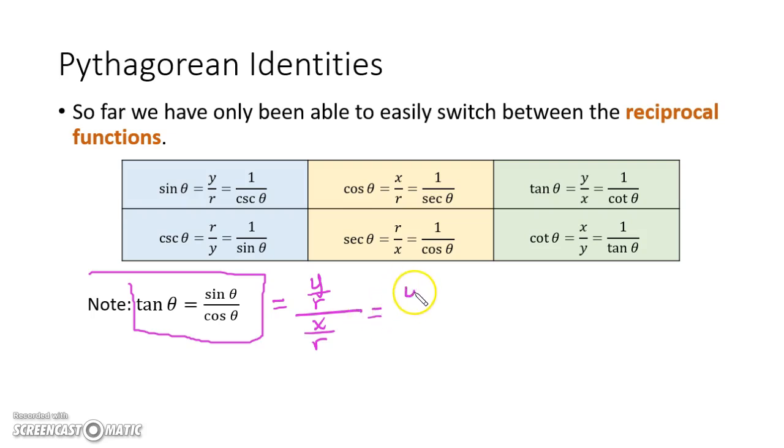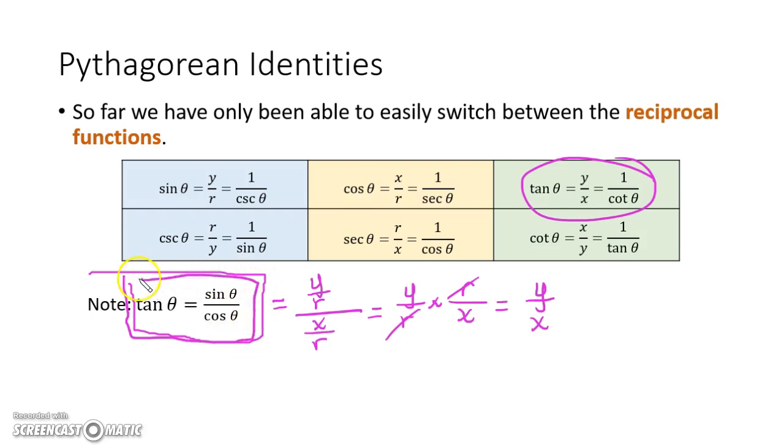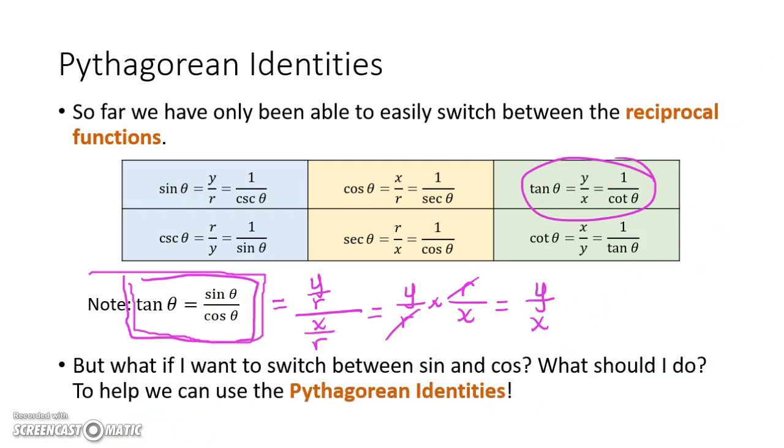So if we divide these, we get y over r times, flip that second fraction on the bottom, r over x. What happens? Those r's cancel and you get y over x, which is in fact tangent. So it's kind of easy to show that one, but that's a great one to have in your pocket. If you are given sine and cosine and you want to figure out tangent, just take sine divided by cosine. That one's pretty awesome to use as well.